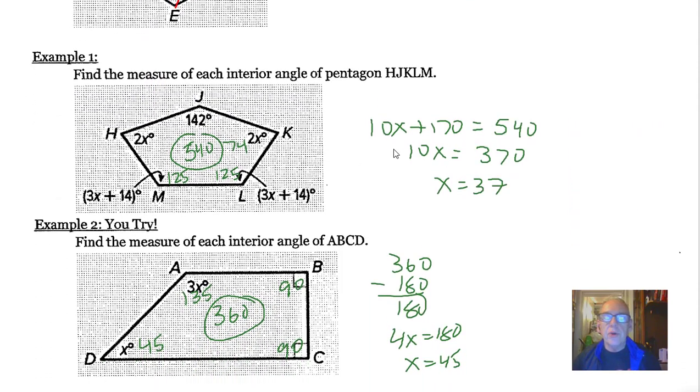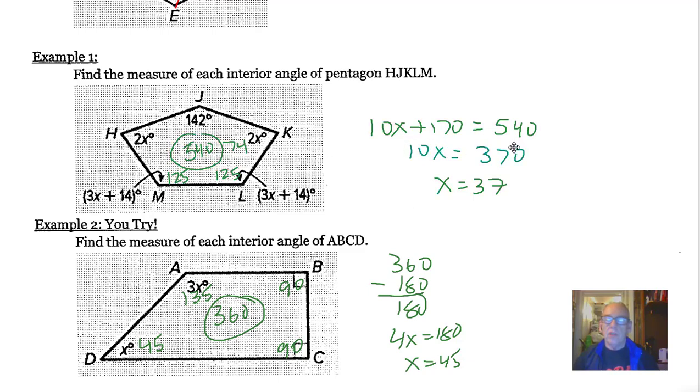Find the measure of each interior angle of this pentagon. So altogether, these inside angles need to add up to 540 degrees, because 5 take away 2 is 3, and 3 times 180 gives us 540. If we add up our x's, we have 10 x's, and if we add up our numbers, we've got 170.